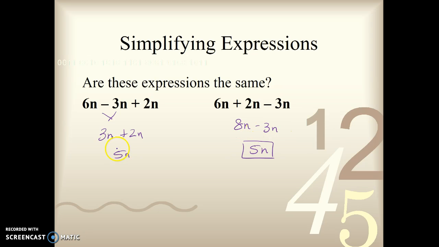So yes, these two expressions are the same. We can add and subtract in any order as long as we keep the terms' signs. And the signs that belong with the terms are to the left of the terms. And we're going to practice this a whole lot in about a minute.